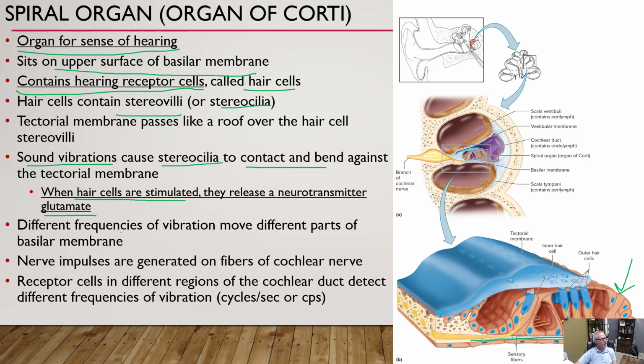And then we have different frequencies of vibration, so different pitches. So remember that we had that snail spiral shape, and once we unwind it, different frequencies are actually heard on different parts of that spiral shaped organ.